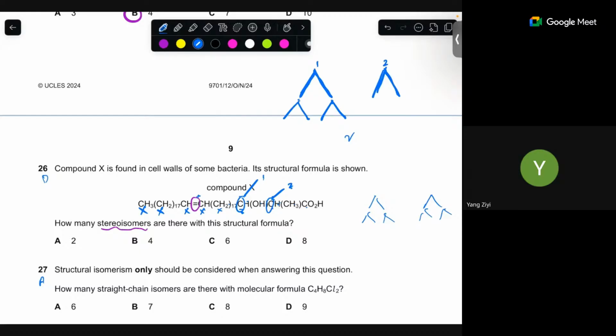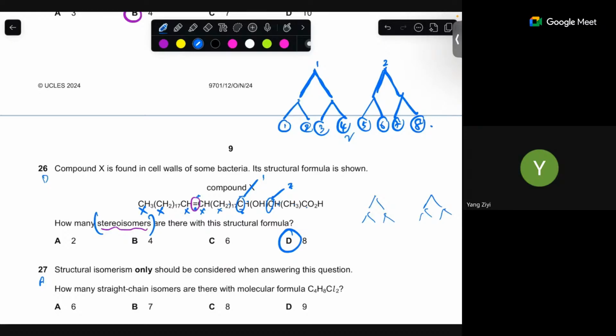And because you have this double bond, these optical isomers have cis and trans. So in total, how many stereoisomers are there? 1, 2, 3, 4, 5, 6, 7, and 8. So that will give you the answer, which is going to be 8 over here.